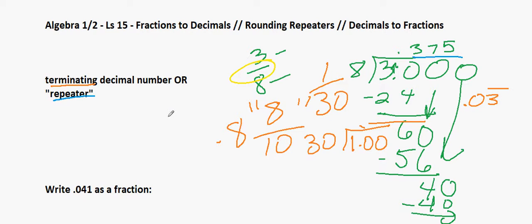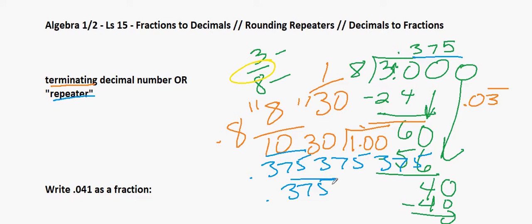Or we can get it where it repeats, and that's called a repeater. And it's either going to be one number in this book or a definite pattern of numbers. You could have a 0.375, 375, 375, and then you would just say 0.375 repeating. All right, so it's either a pattern or a single number repeating for these repeater numbers.